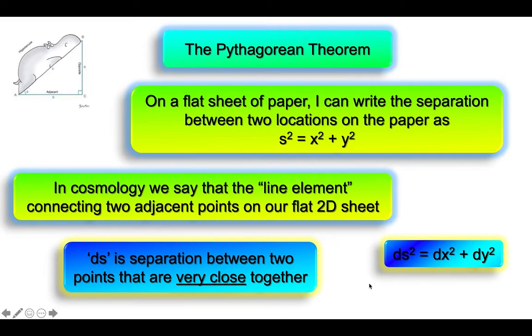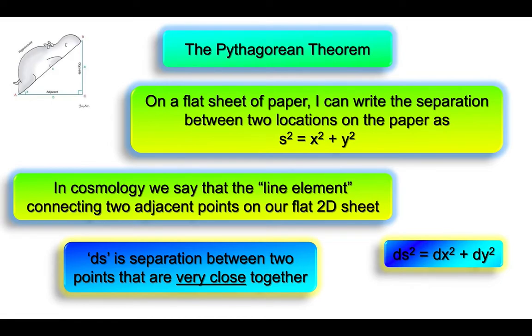So I will describe a really small hypotenuse as equal to a really small x squared plus a really, really small y squared. And obviously then the length of my hypotenuse will be small, so the two corners of this triangle will be really close together. So ds, the separation between 2 points, is going to be the separation between 2 points that are very close together on a flat sheet.